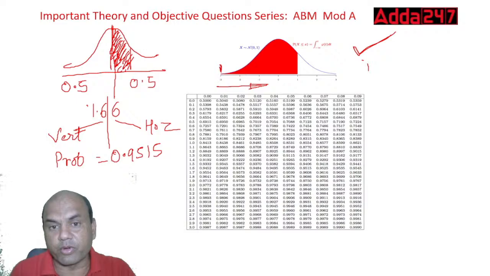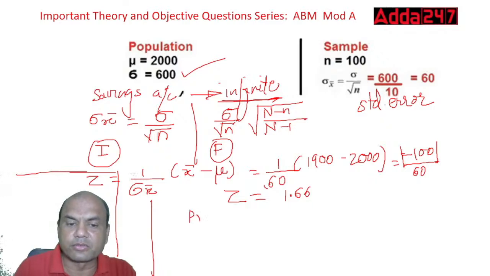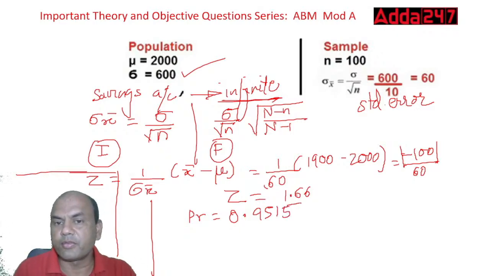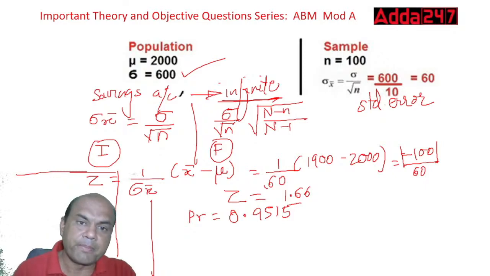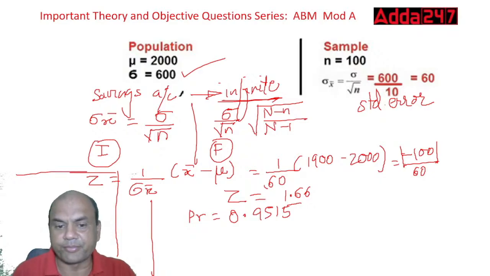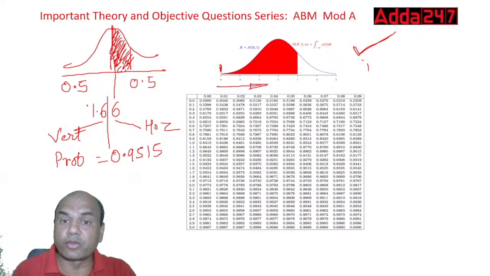What do we want? Do I want this 0.9515? No. Why? Because I want the area below 1900.